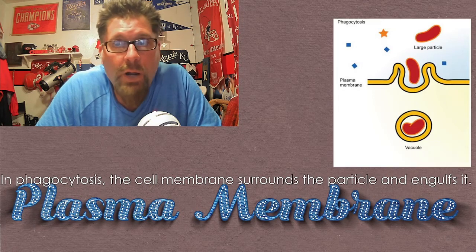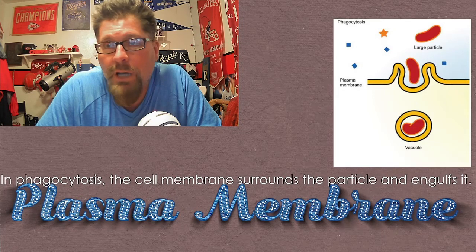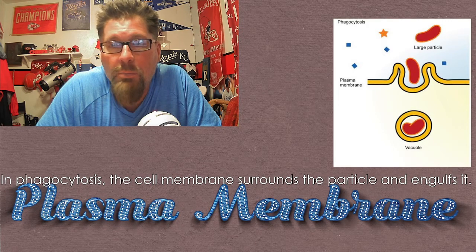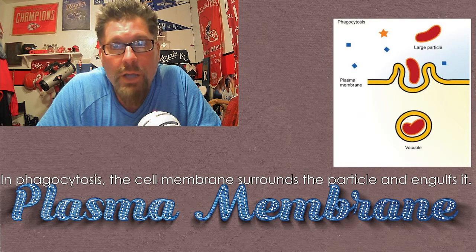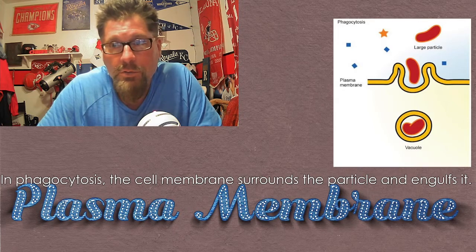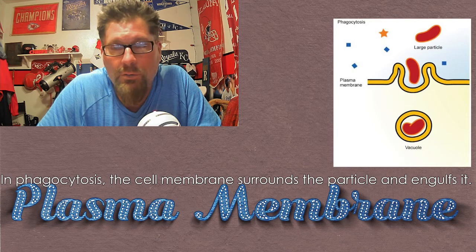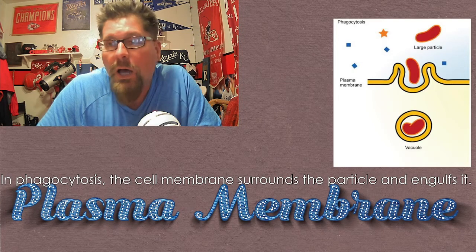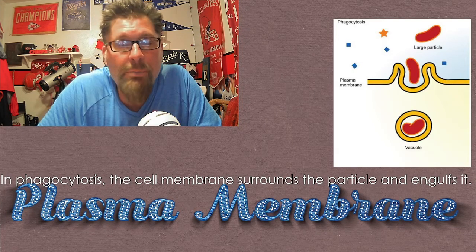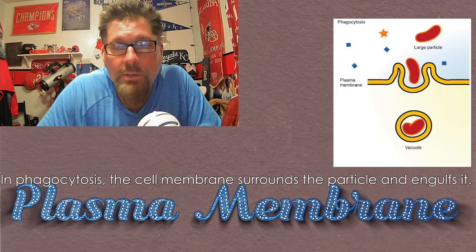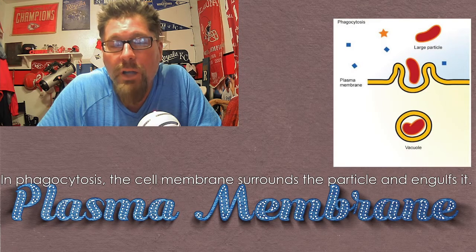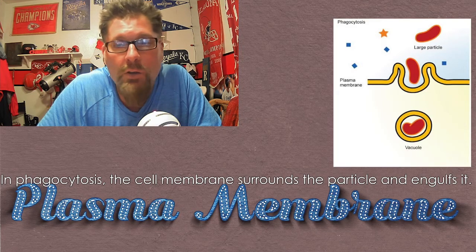So essentially what happens, as you can see in the picture beside me, is the particle approaches the plasma membrane, and the membrane simply wraps around it and then pinches off, and it floats into the cell inside of that vesicle of phospholipids, and then the two separated parts of the membrane just simply reconnect, and the membrane goes back to the way it was.